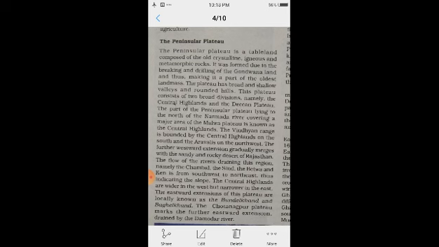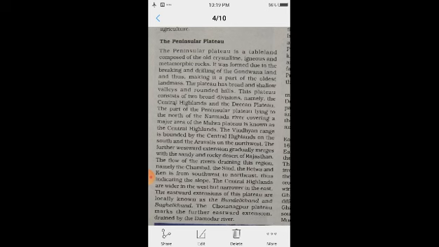Then Vindhya ranges is bounded by the Central Highland on the south. साउथ में सेंट्रल हाईलैंड के साउथ में कौन से रेंजेस है? विंध्य रेंजेस. And the Aravali on the northern side. और सेंट्रल हाईलैंड के नॉर्दर्न साइड पे क्या है? अरावली रेंजेस.